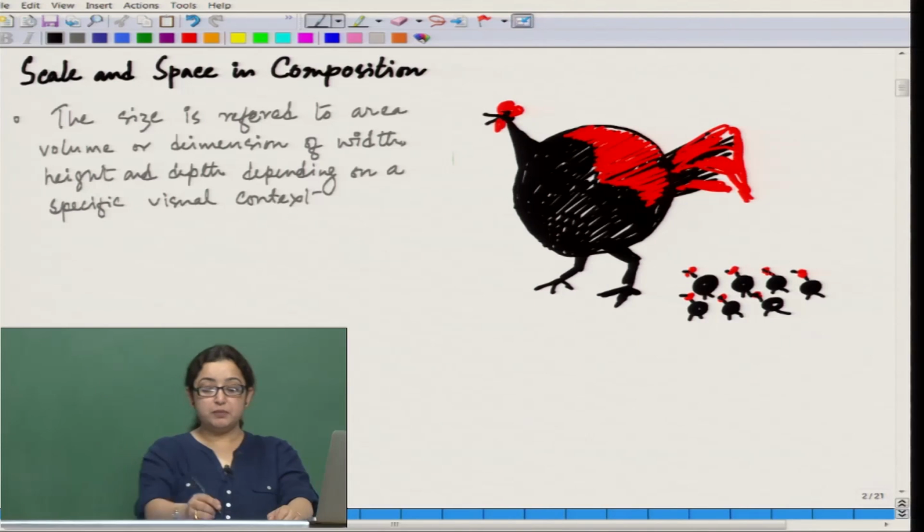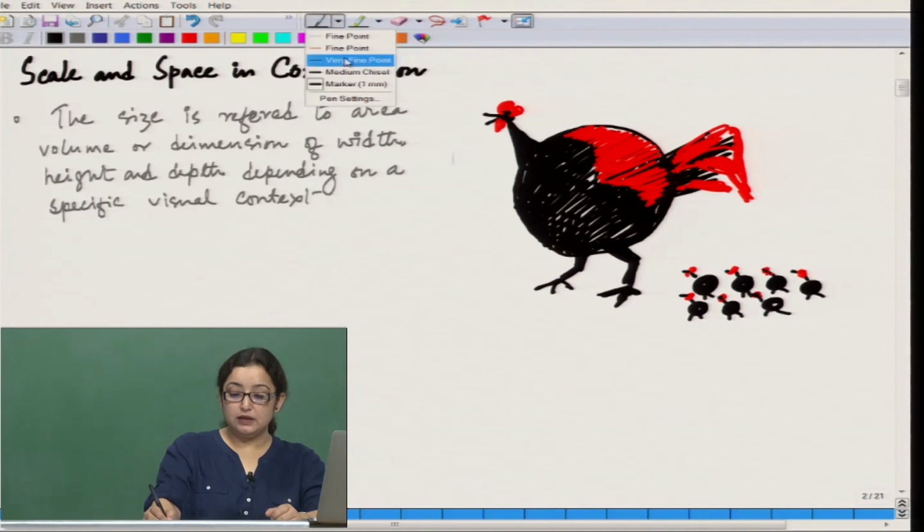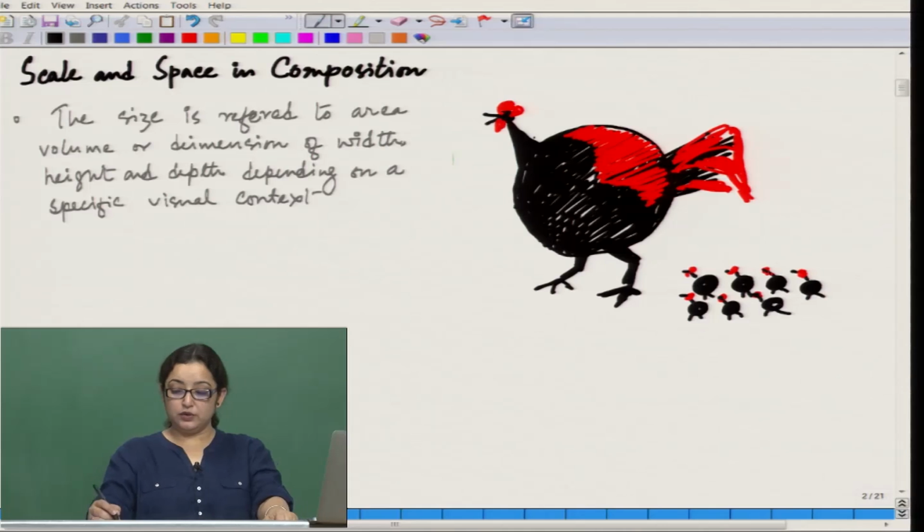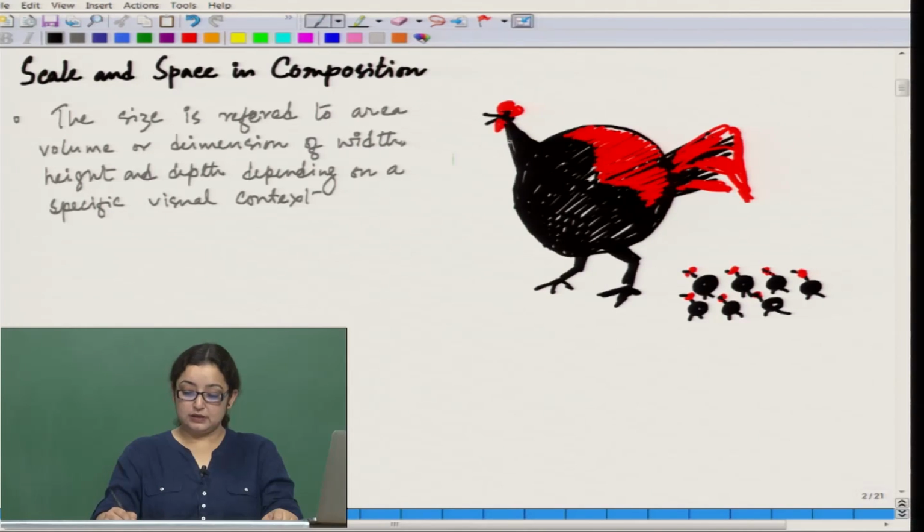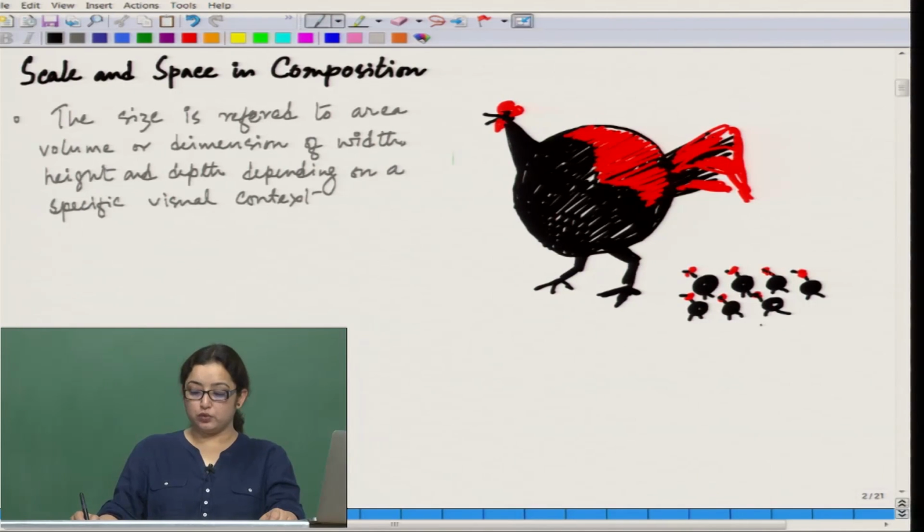So, in this picture what we get to see is there is one object which is this, that is having some more objects in reference to it which are smaller but similar in size. So, that gives us a sense of repetition, that the form is repeated.